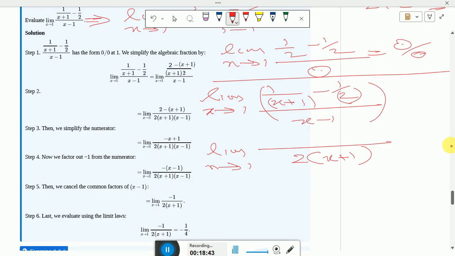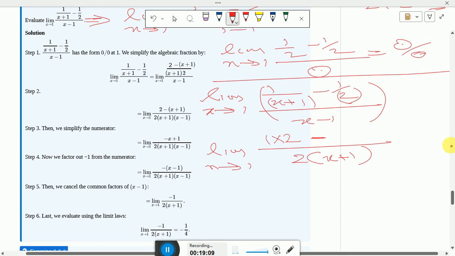Here we have the expression 1 over x plus 1 minus 1 over 2. I can take the LCM, x plus 1 and 2. If I divide 2 into x plus 1 by x plus 1, the remaining is 2, so 1 into 2 is 2.